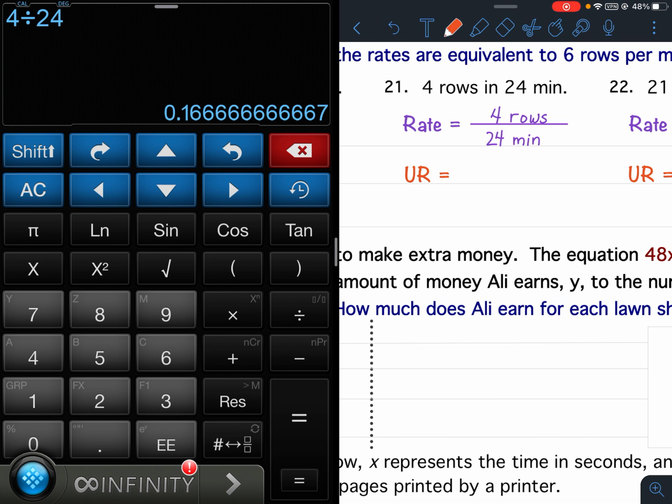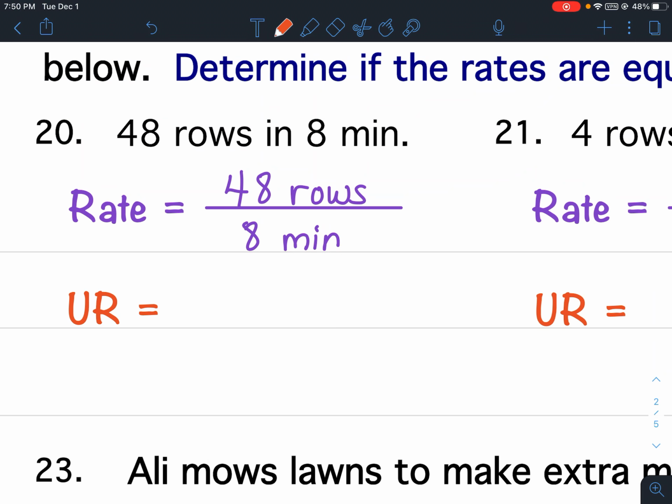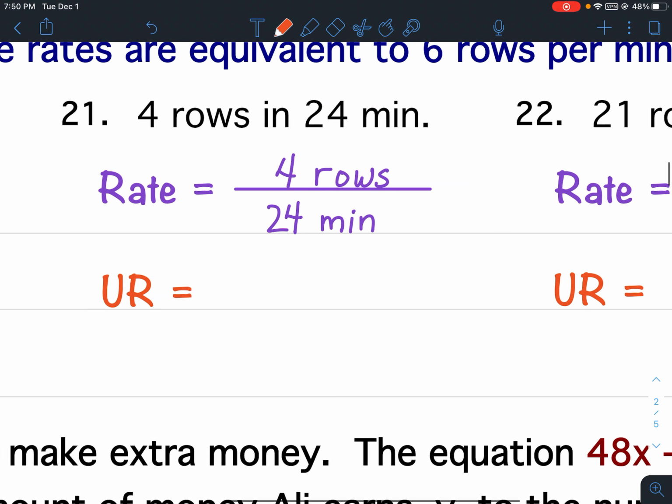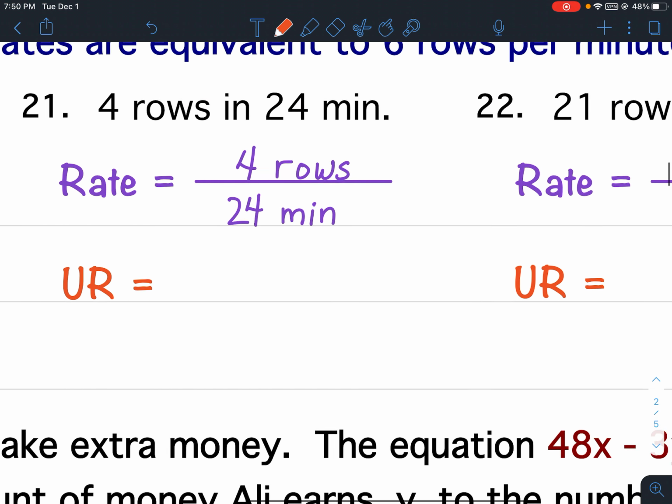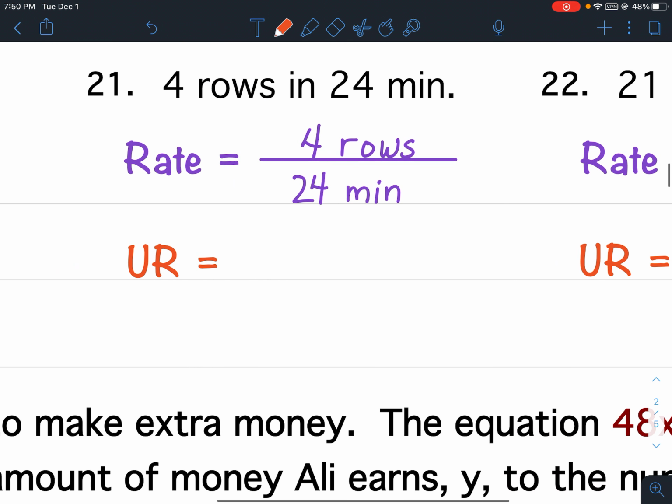So that would be 0.16, the 6 repeating, rows per minute.